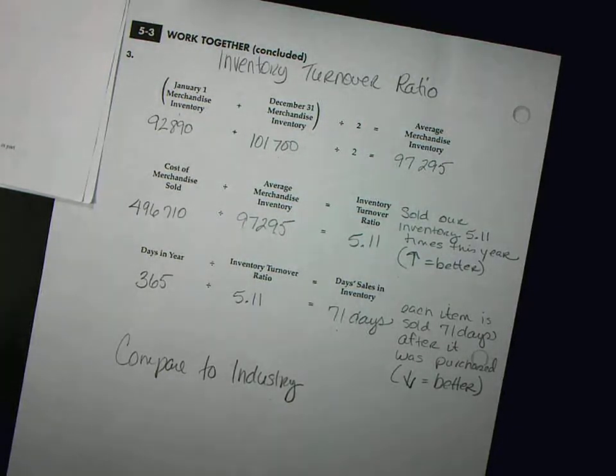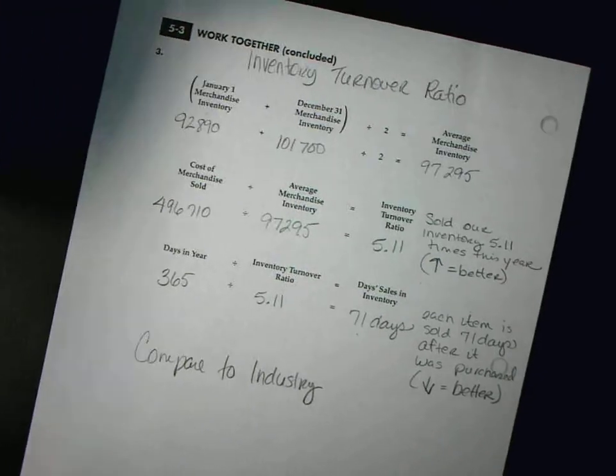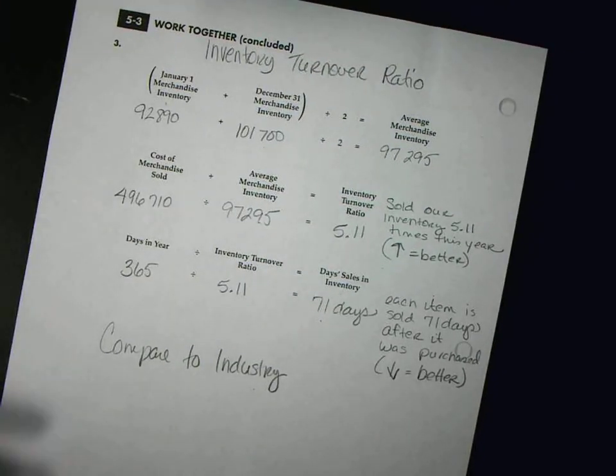You know, maybe last year your days in inventory was 30 days. Well, what's changed? It gives you some information so that you can do some analysis and some thought to figure out how your company's doing. Okay, there is 5.3, concluding 5.3 on inventory.